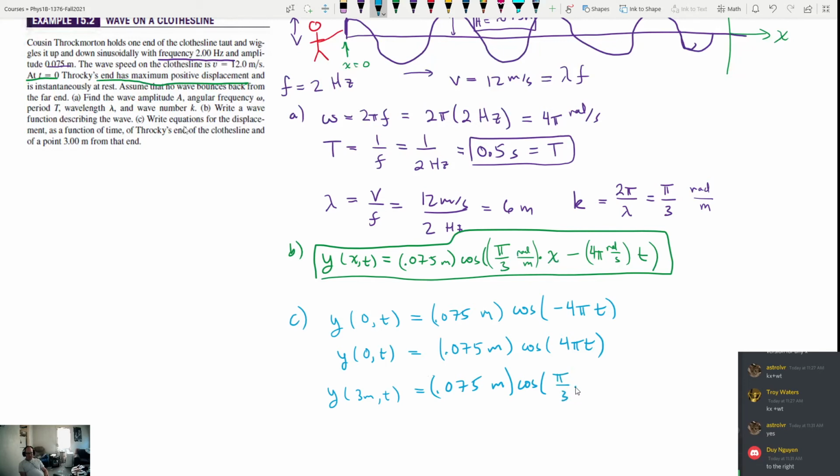So pi over 3 times 3 minus 4 pi t. I'm not writing units just to keep things quick, but you should always write the units here. So this one is going to be 0.075 meters cosine of pi minus 4 pi t.